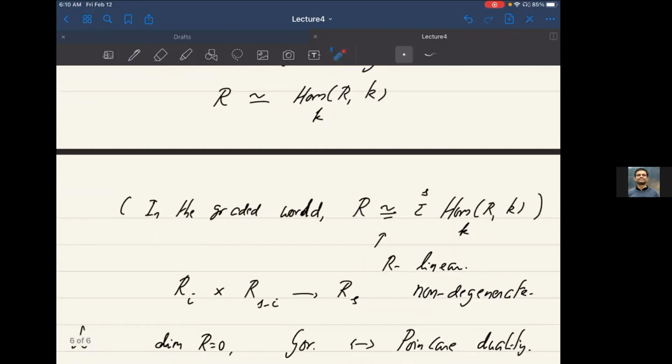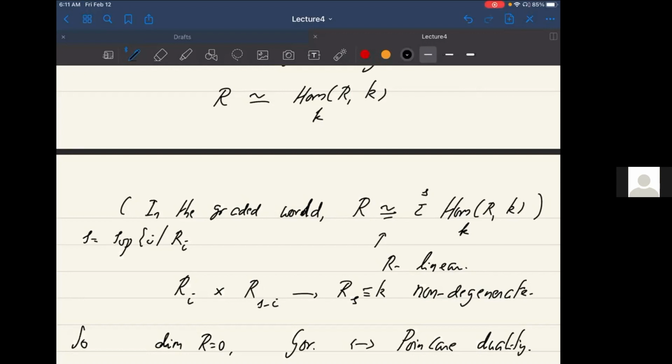But in the graded world, I can unpack it to say that the multiplication is giving me a map from R_i to R, a pairing of this form. And this is actually isomorphic to K. This is one important thing. So s is the top. Sorry, that's not the question. Why have you written R as isomorphic to the suspension of the Hom module?